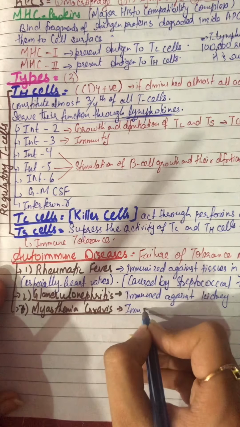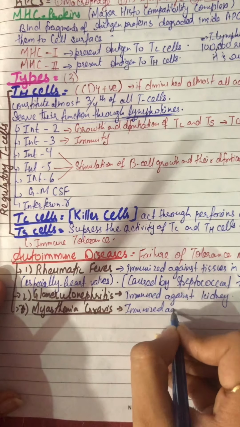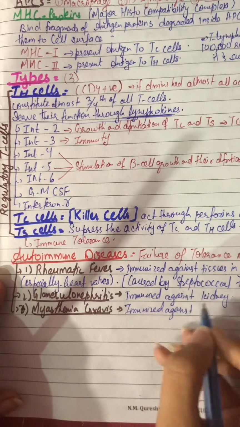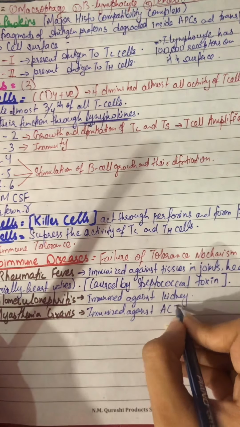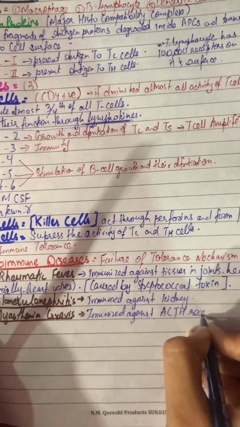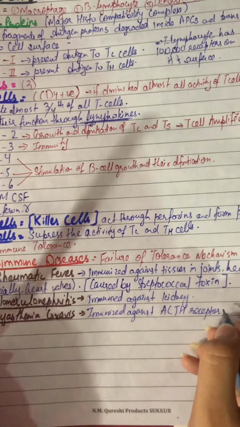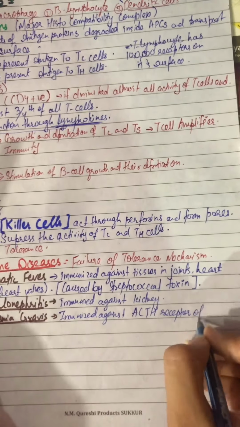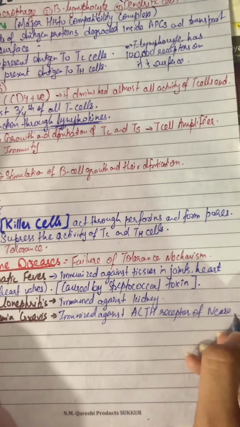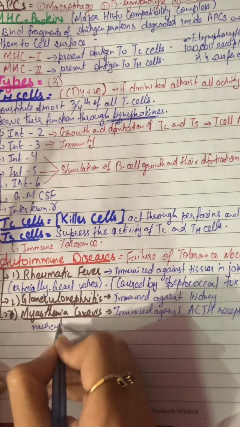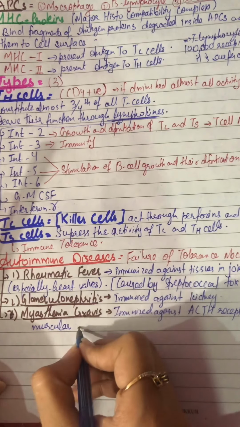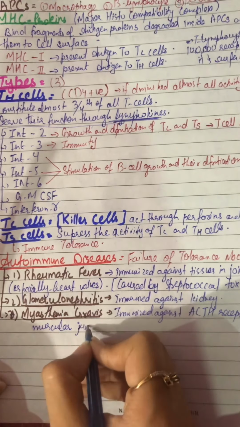Immunized against the acetylcholine receptor of the neuromuscular junction. So it causes problems in the neuromuscular junction.